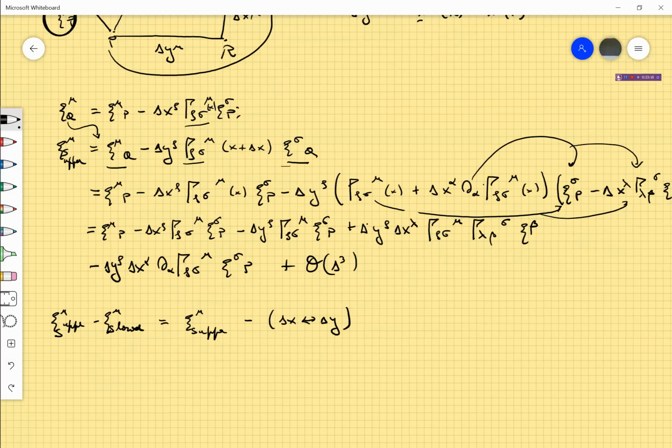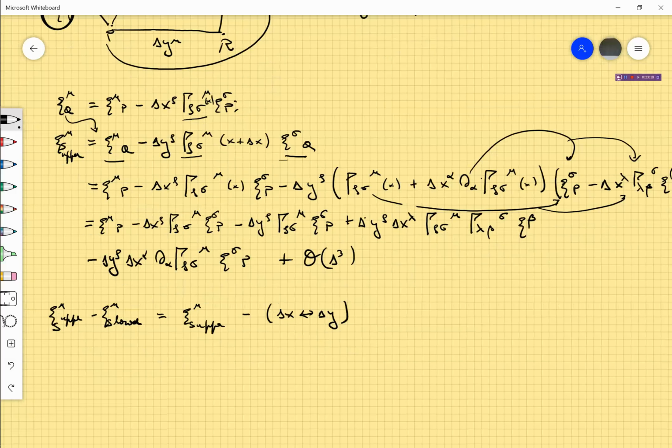And let me inspect psi mu upper and see how the terms depend on delta x and delta y. The first term here is independent of delta x and delta y, so it will have the same form. Since I am subtracting, this term will drop from the difference. Now consider these two terms, and you see that the first term is the second term with delta x replaced by delta y.